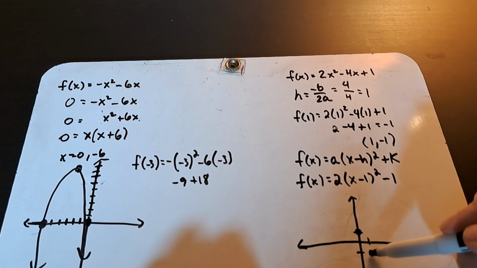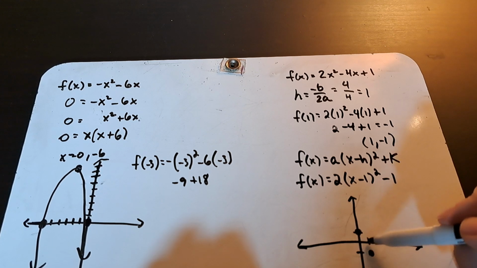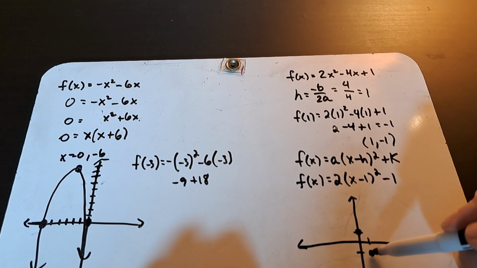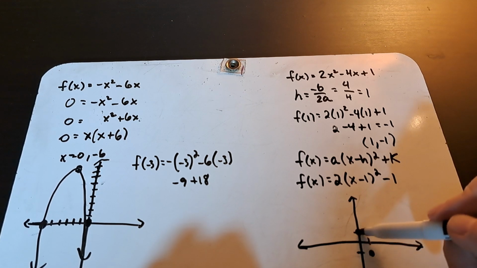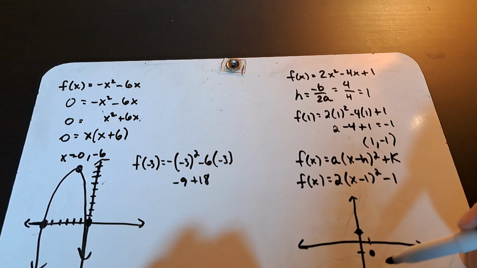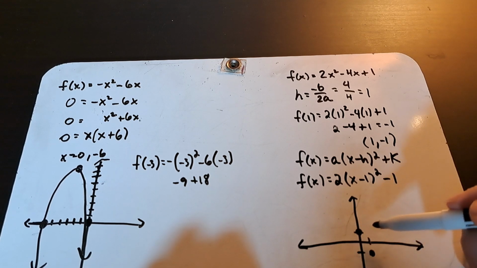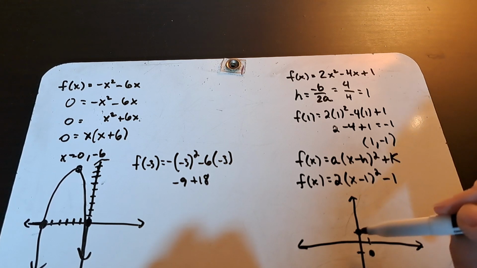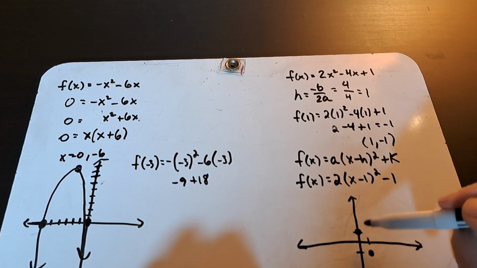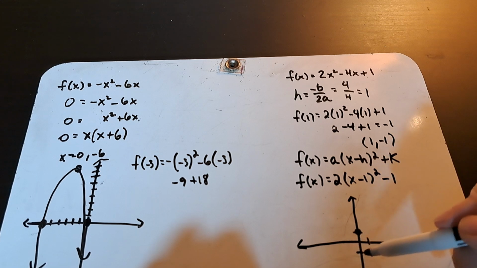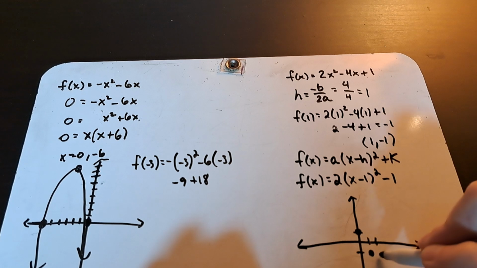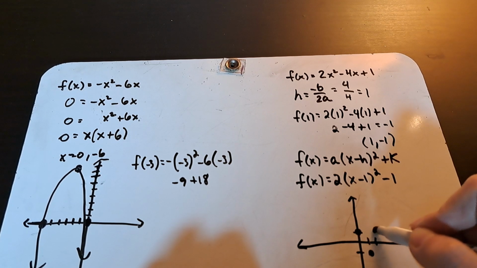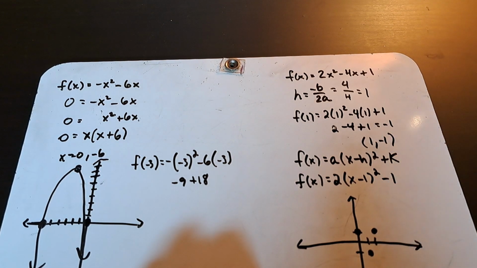And so the vertex is at 1, negative 1. I have to move left 1 and up 2 in order to get to this point. Well, that means that there must be another point that is completely symmetrical across this axis of symmetry here. So if I go left 1 and up 2 here, then I must need to go right 1 and up 2 here in order to get that other point.